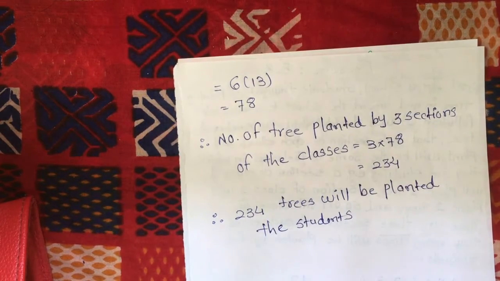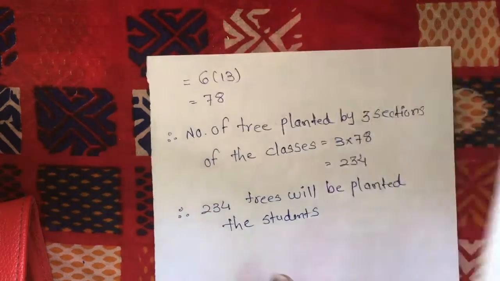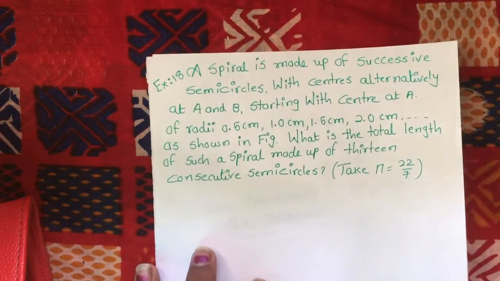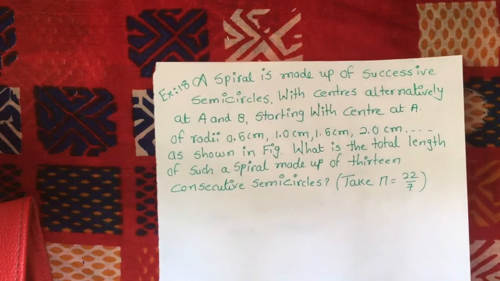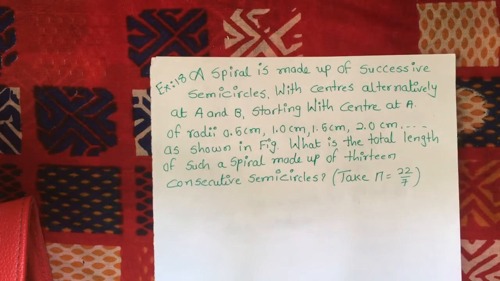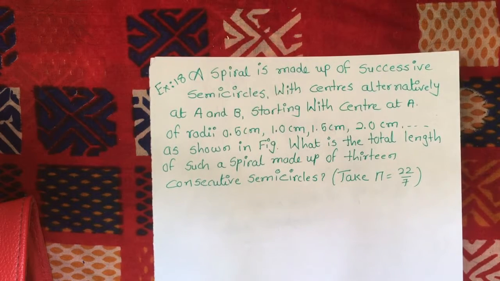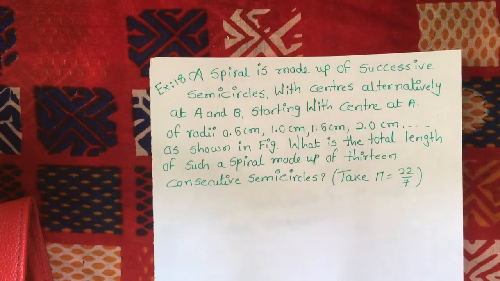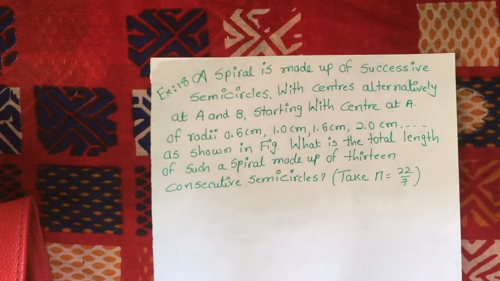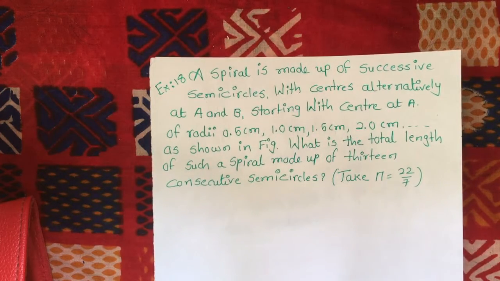Okay, now move on to next, which is example number 18, in which we are having a spiral made up of successive semicircles with centers alternatively at A and B. Starting with center at A of radii 0.5 centimeter, 1 centimeter, 1.5 centimeter, 2 centimeter up to, as shown in the figure.